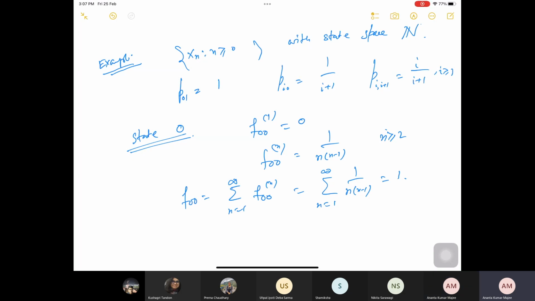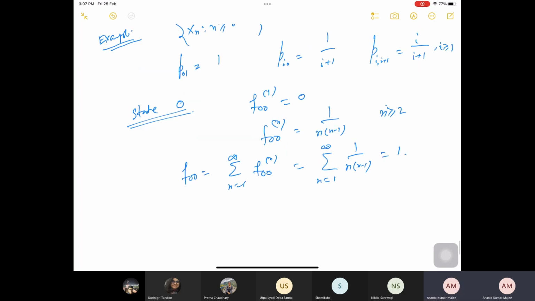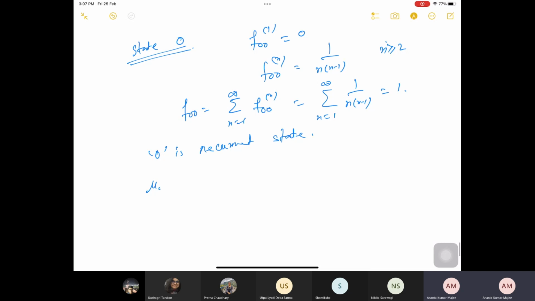So 0 is a recurrent state. Since it is recurrent, the next step is to check whether it is positive recurrent or null recurrent. That means I need to consider mu of 0, which is the summation over n equal to 1 to infinity of n times f of 0 0 of n.